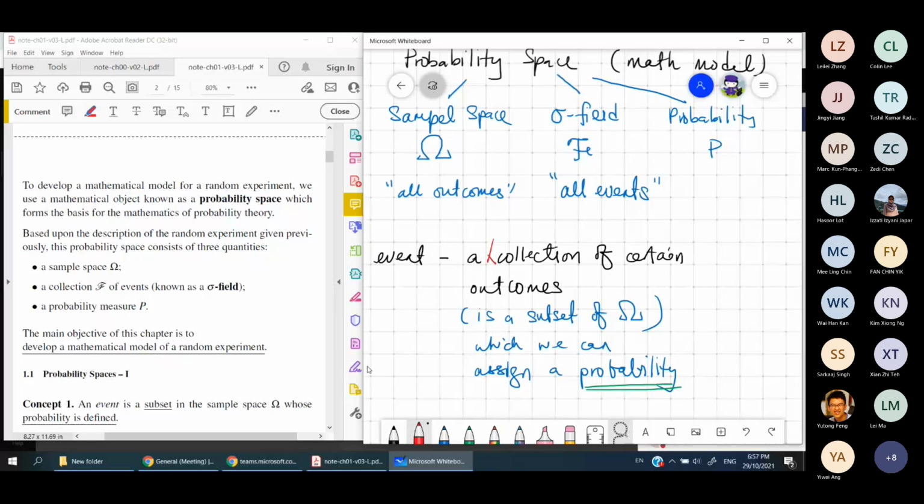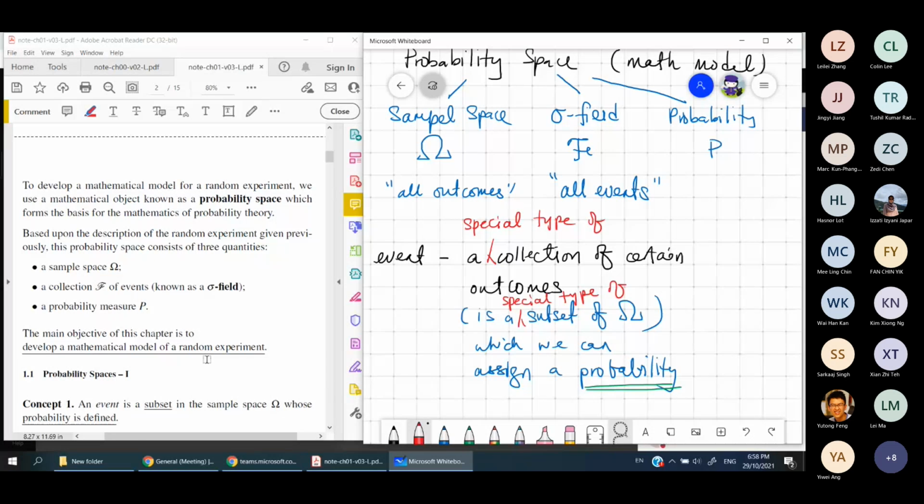It is a special type of subset of omega. At this stage, just remember an event is a subset of omega, but we can have a subset which is not an event. That is a story we're going to discuss later. So that's the event.